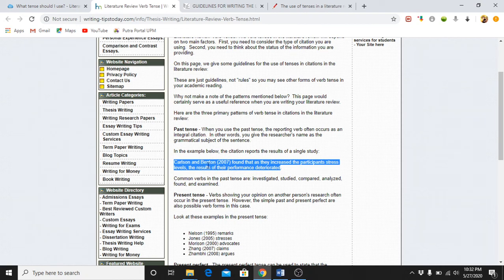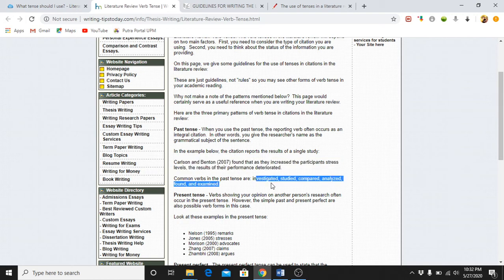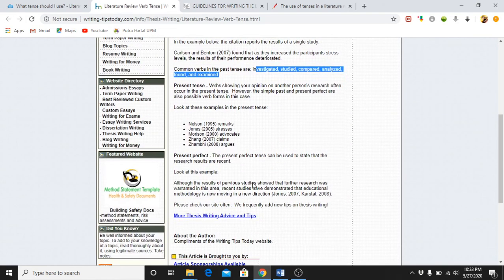For example, other than found, you can use Carlson and Benton investigated, studied, compared, analyzed, and also examined. For the present tense, verbs showing your opinion or other people's research often occur in the present tense. However, the simple past and present perfect are also possible.